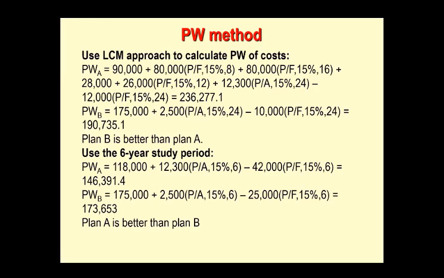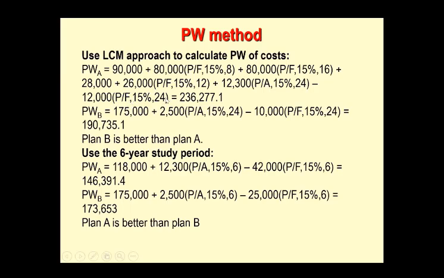That is the annual operating cost of the mover and patch. Now, minus 12,000 times a factor here.